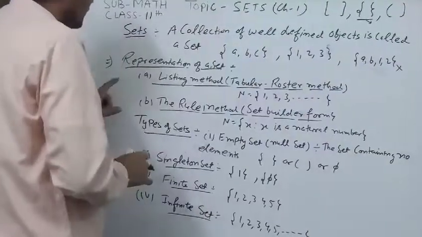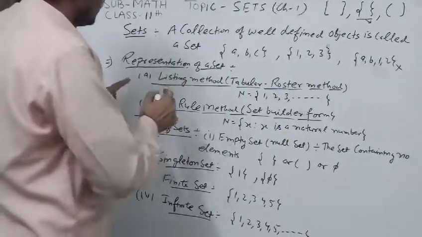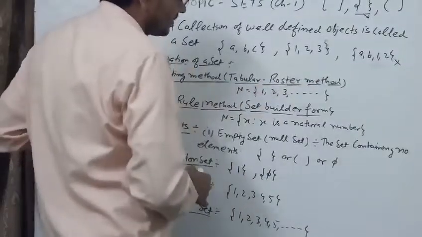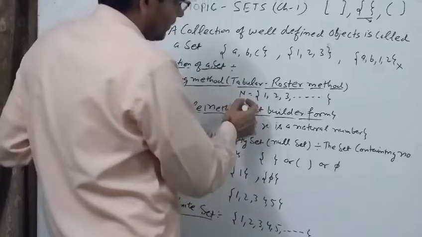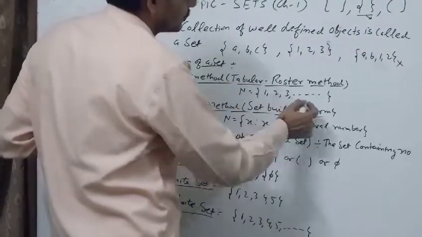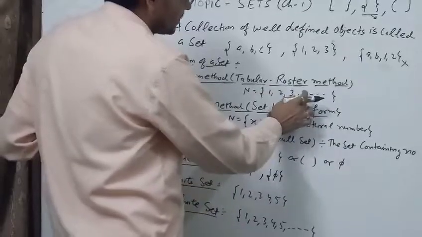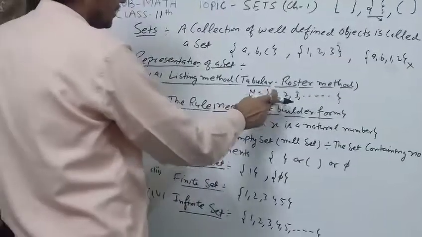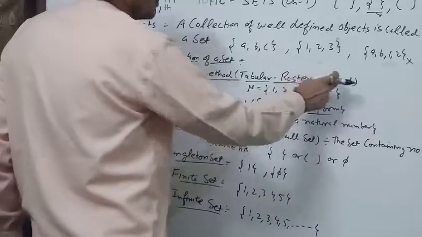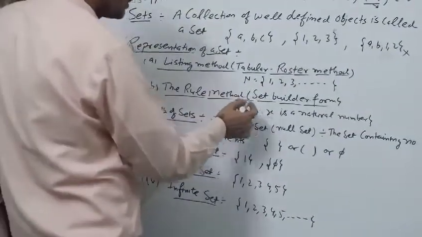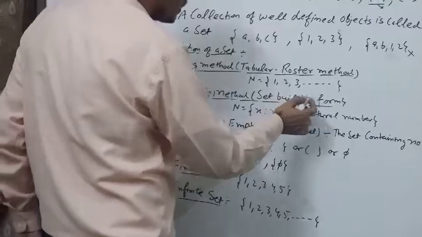Right? Now, types of representation of sets. First is the tabular or roster method. N for natural numbers: 1, 2, 3, till dash dash dash, up to infinity. This is a set. This representation is called the tabular or roster method, right? Next is the rule method, or set builder form.